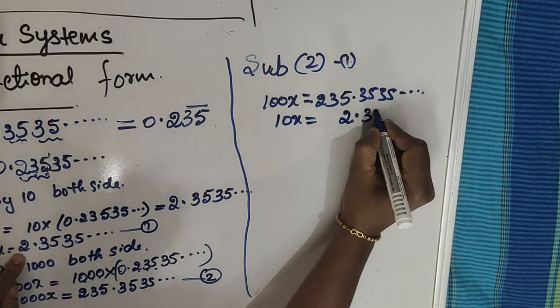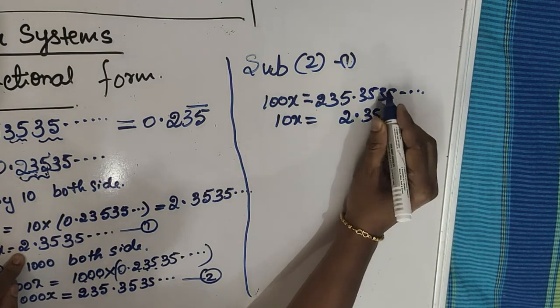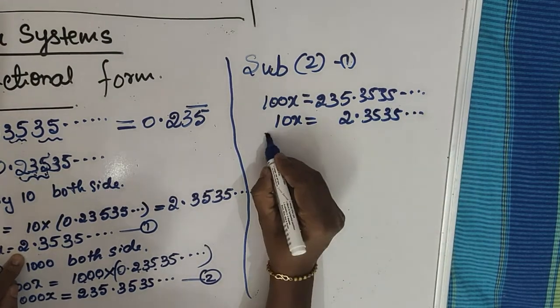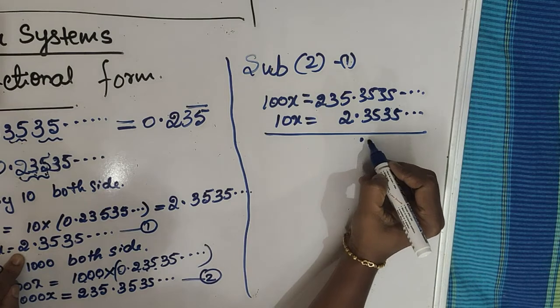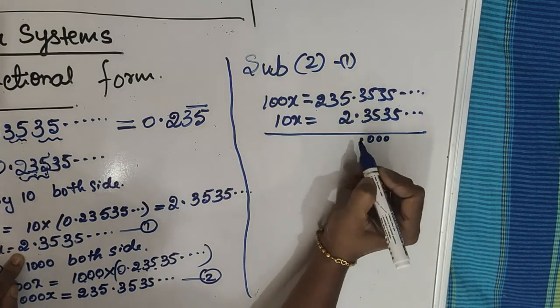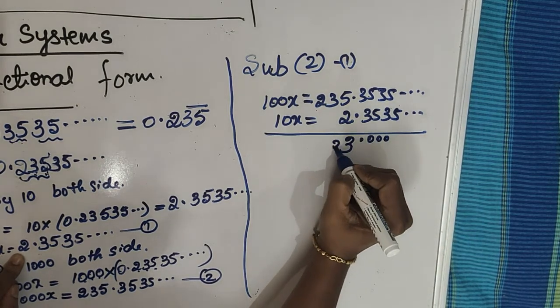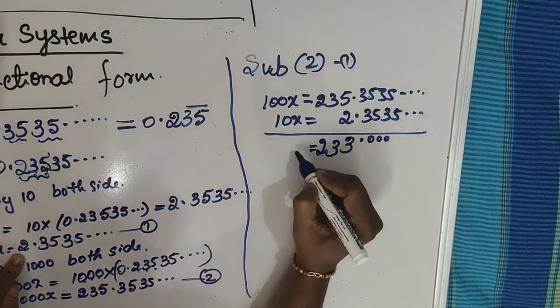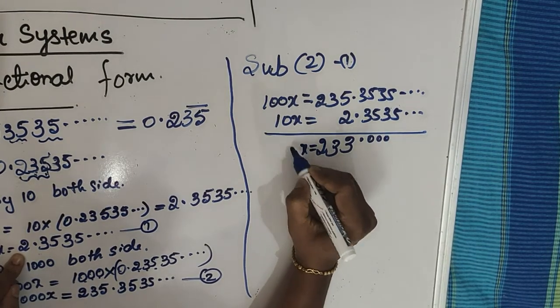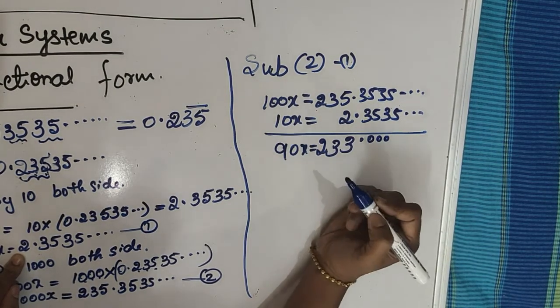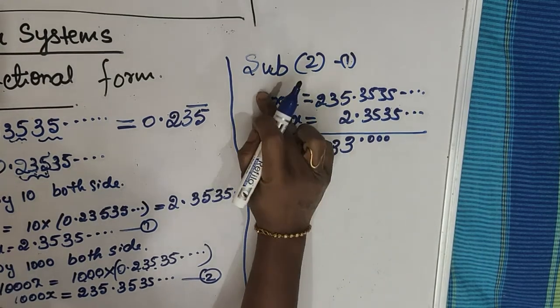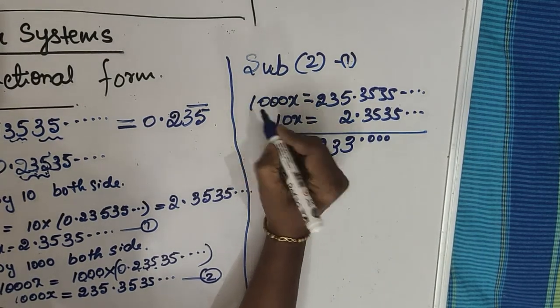Write properly, the places are very important. This up to the point 0. 5 minus 2 is 3. This is 3. This is 2. Okay, x, this is 0, 9. Sorry, not 100. It's 1000. 1000 minus 10, so 990.